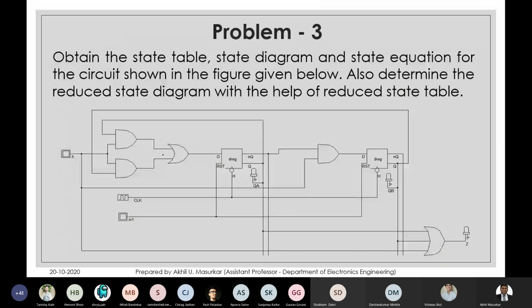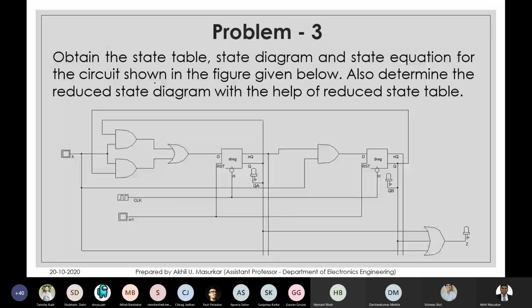Now I want you all to do this problem on your own. Before I go ahead, I want to know whether this circuit is a Moore circuit or a Mealy circuit. Hemant is saying Mealy.